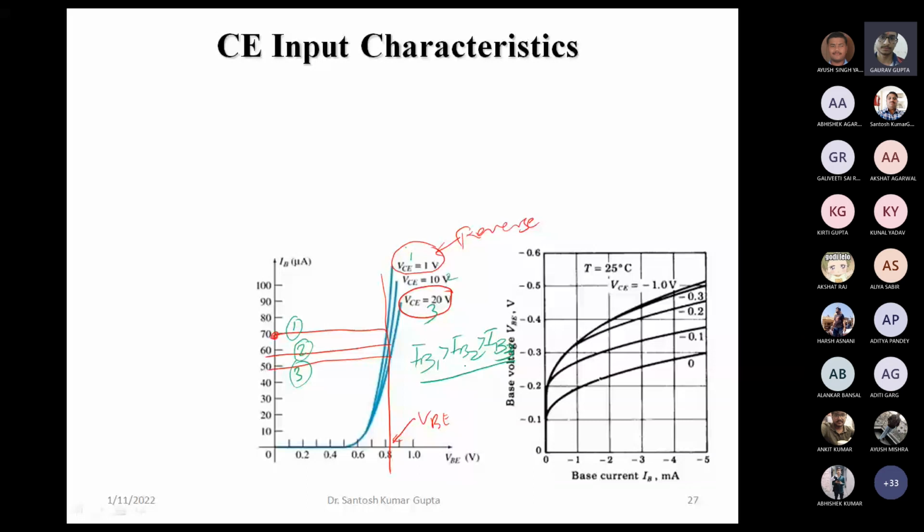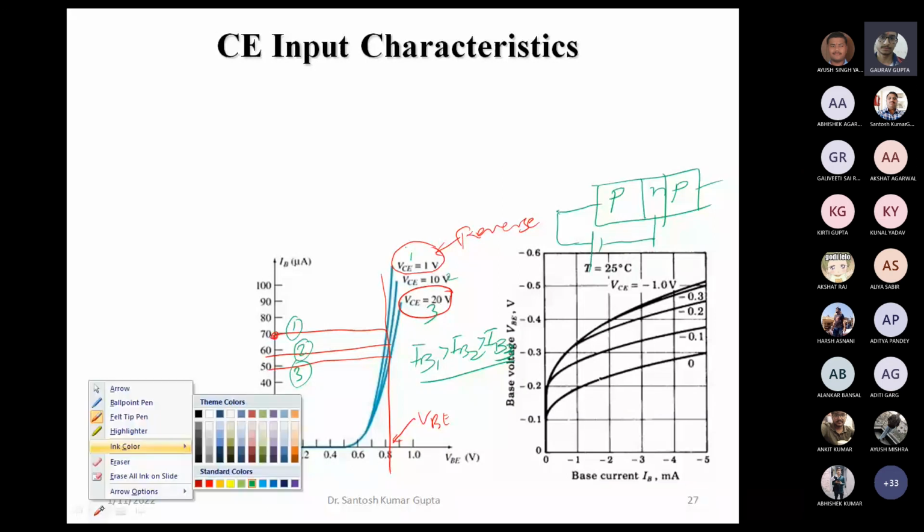This can be understood again by looking at the cross-sectional view of this transistor. We can take any transistor, PNP transistor or NPN transistor, and let us apply some voltage between base and emitter for forward biasing this base emitter junction. And another thing is done now between collector and emitter.